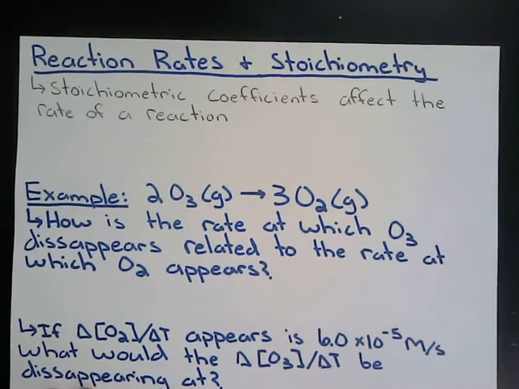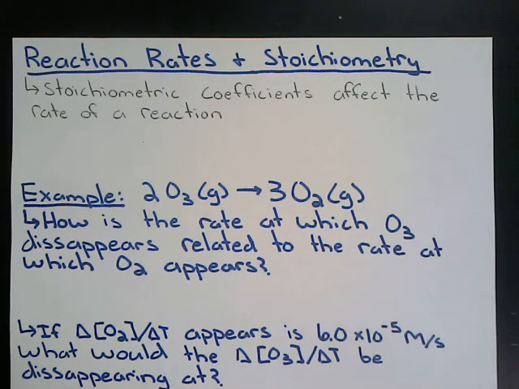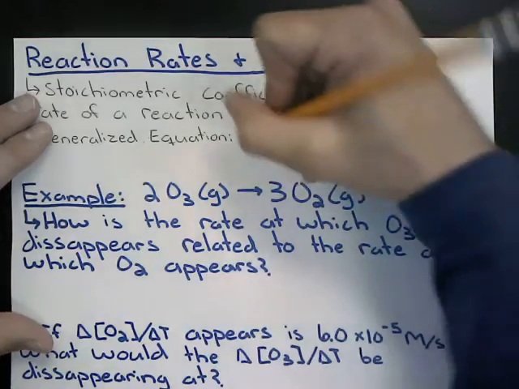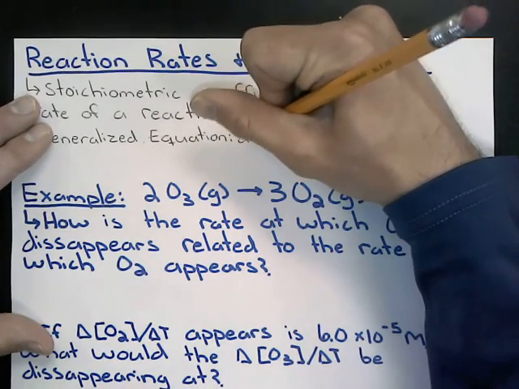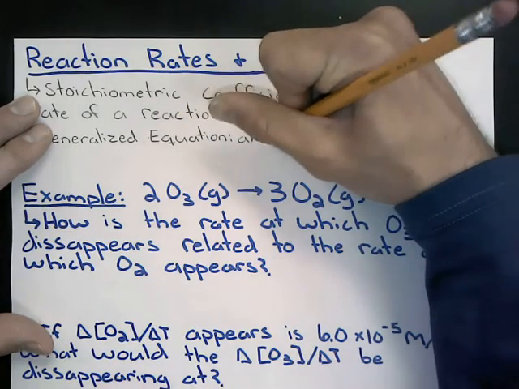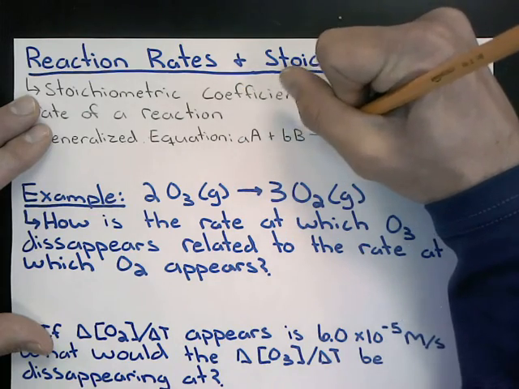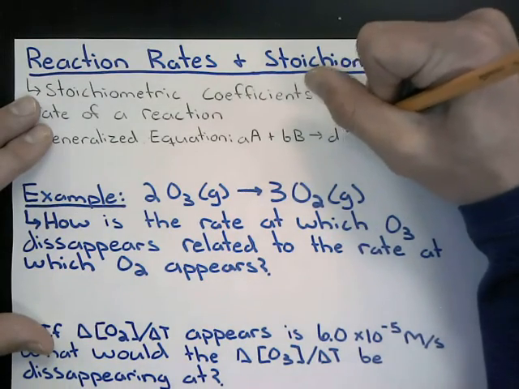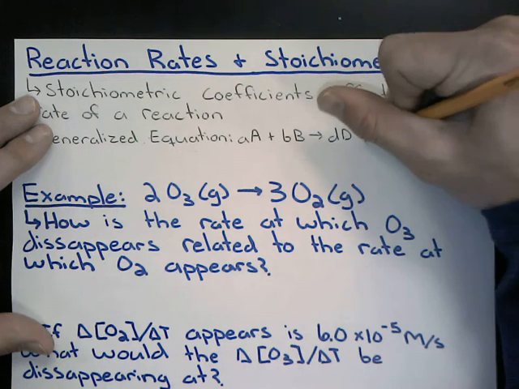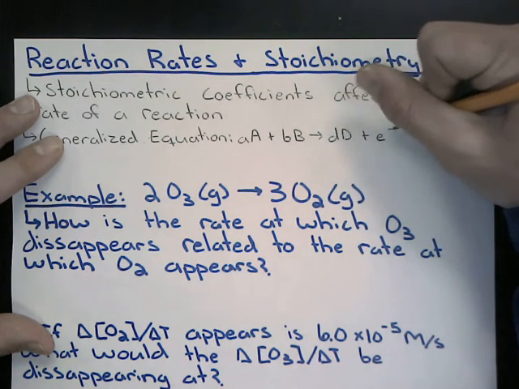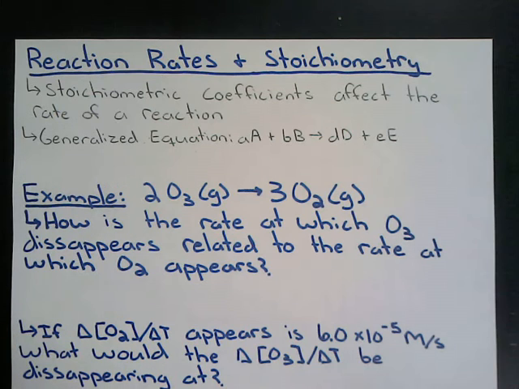And so the easiest way to see this is through a generic equation. And so in this generic equation, we just have the coefficient a with substance A, the coefficient b with substance B produce the coefficient d with substance D, and the coefficient e with the substance E. Now, it's very generic.